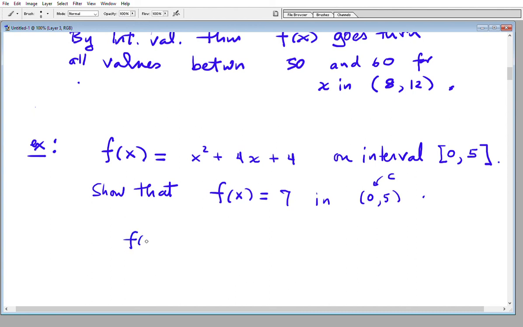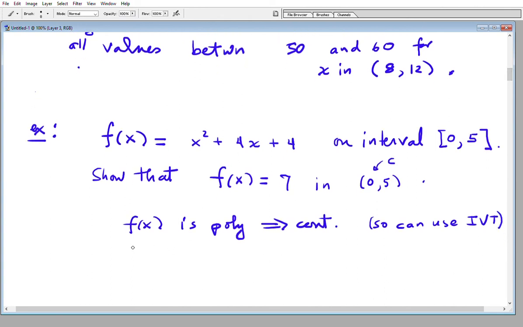So let's say f of x is a polynomial. That means it's continuous. The reason why we mention this is that it means we can use the intermediate value theorem. So we have to mention that it's continuous. Otherwise, we can't use the intermediate value theorem.